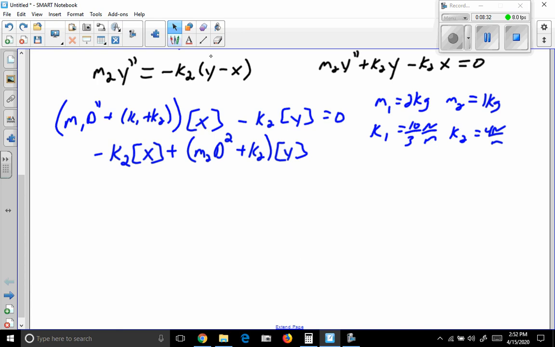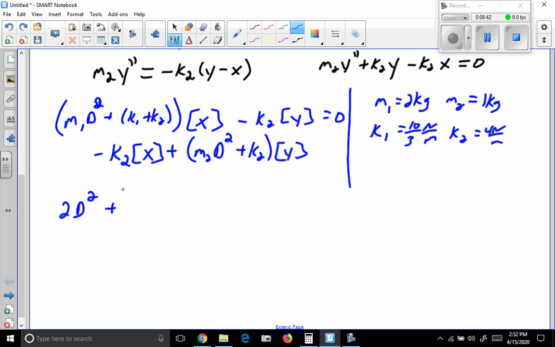Okay, so if we substitute these values in, then we have m1, so 2 d squared, not d double prime, but d squared, k1 plus k2. So if we add these together, that's 4, that's 10/3, so 4 is 12/3, 10 plus 12, that's 22/3.